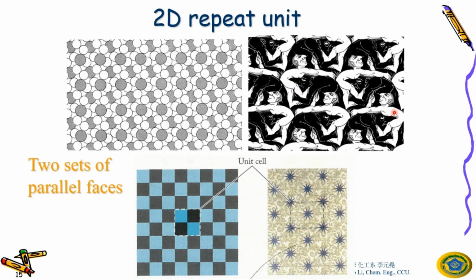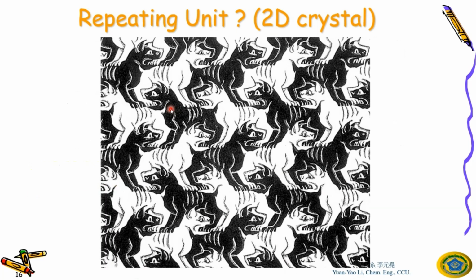How about this one? Can you tell me where the repeat unit is? And how about this one? Okay, please find out for me. How about this one? What I want to tell you is the repeat unit doesn't always need to be a square. It can be something like this.